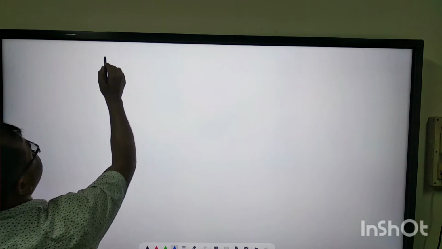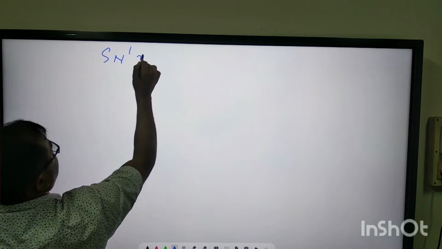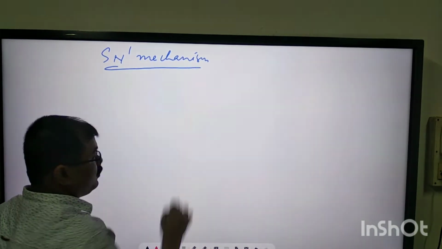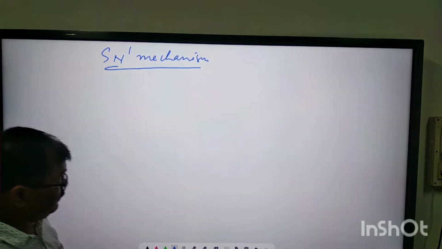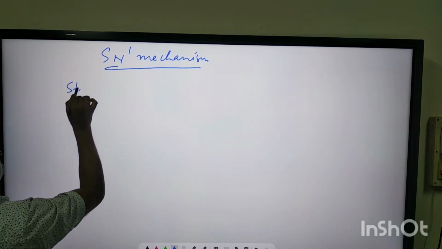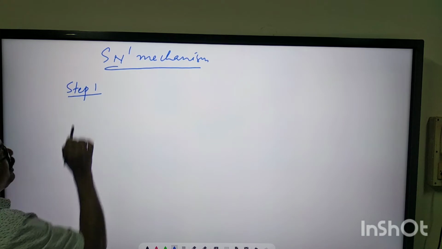Now how to write the SN1 mechanism? So we will take this particular reaction. What is step 1?